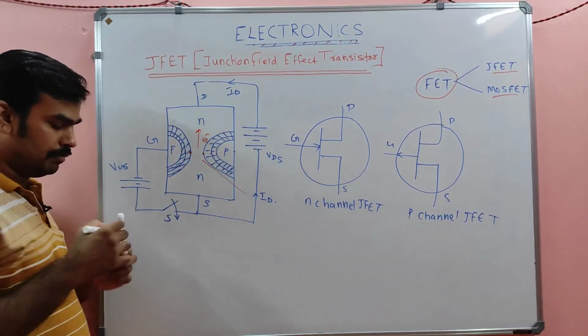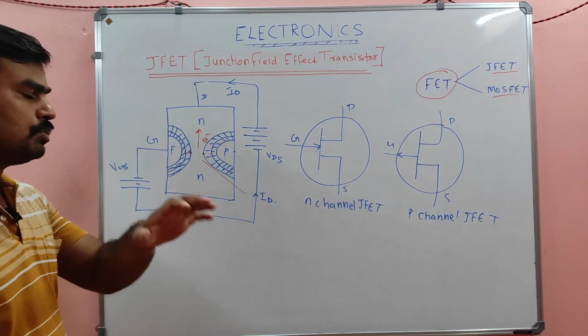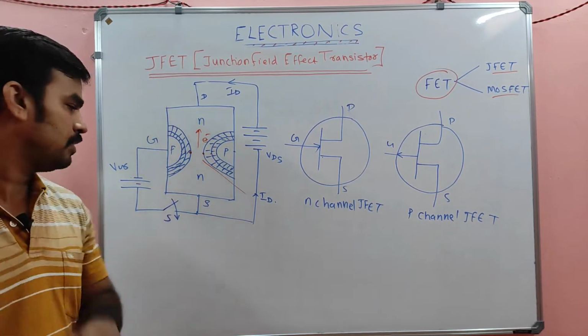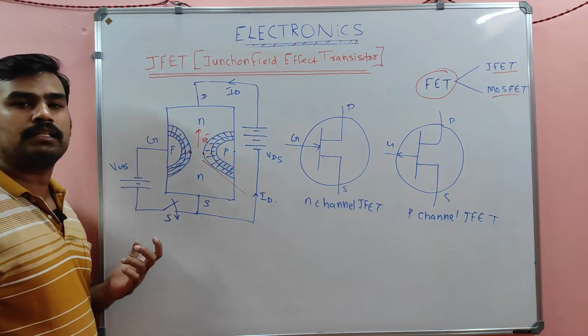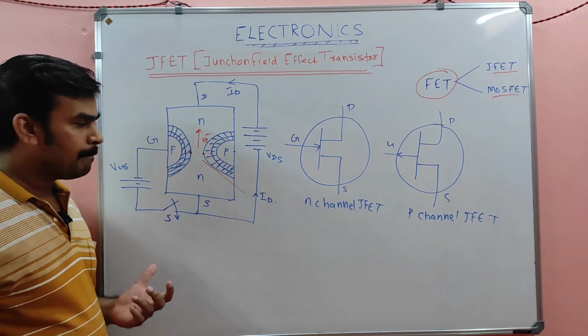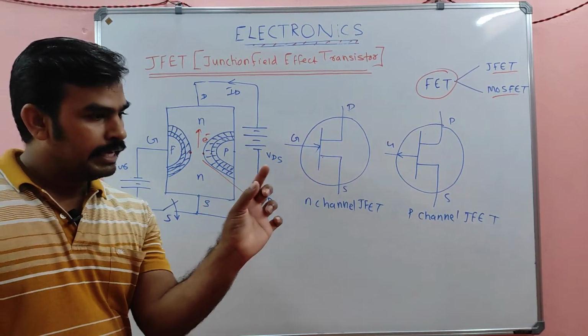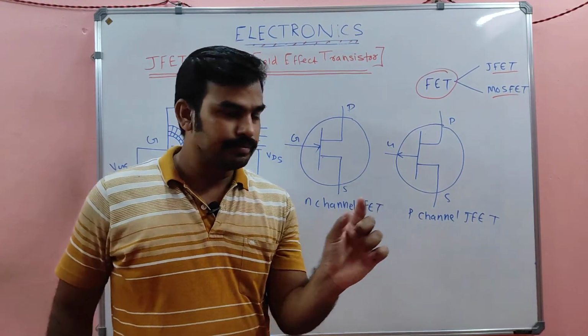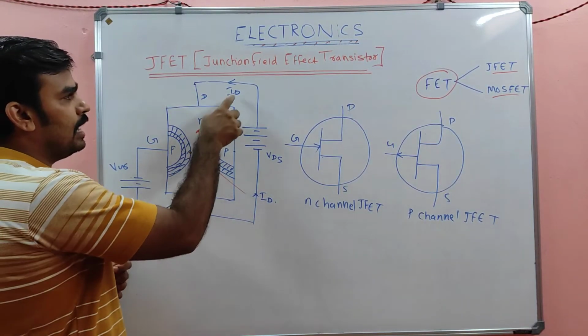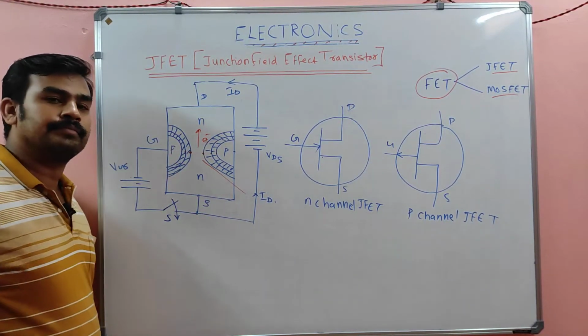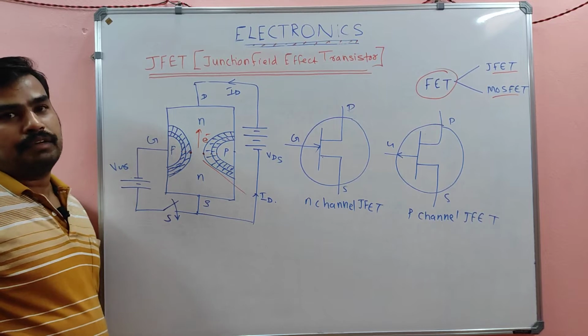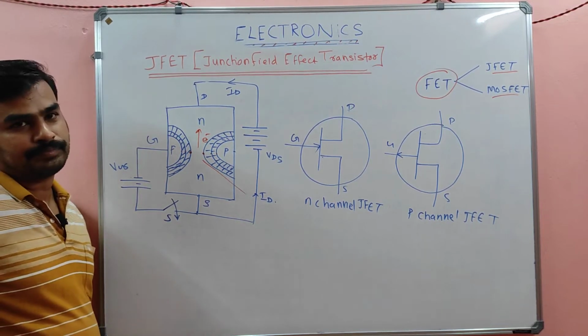The conclusion is simply this: whenever we are increasing the value of VGS, the channel width got reduced. If the channel width got reduced, the current ID will be reduced.